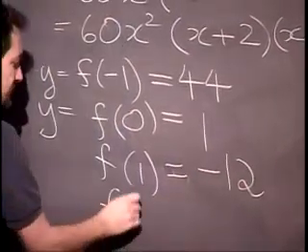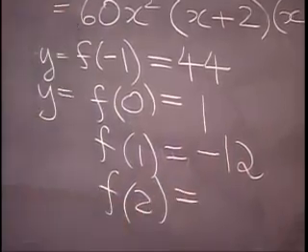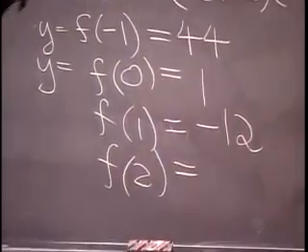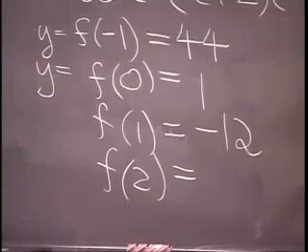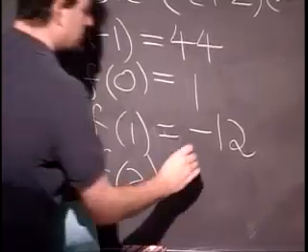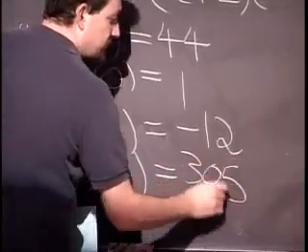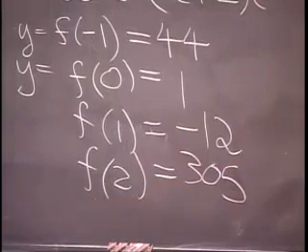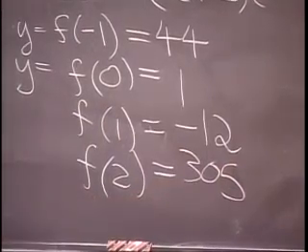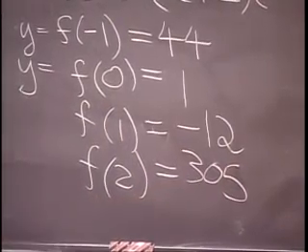And finally, f of 2, if you plug that in, it's a bit of a mess. I mean, 2 to the 5th is 32. So I worked it out on paper once upon a time as 305. It's not a very difficult computation, but you still have to do it.